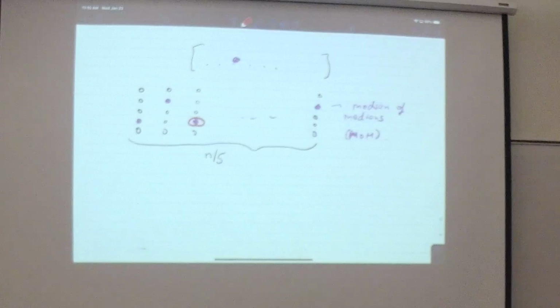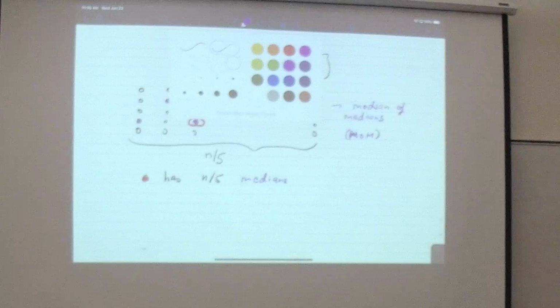What can we say about it? First of all, we know that each purple point has 2 things below it. Right? Because it's a median, there are 2 numbers below it. Moreover, the median of medians is the median of n over 5 things. So the median of medians, this one, has n over 10 medians below it.